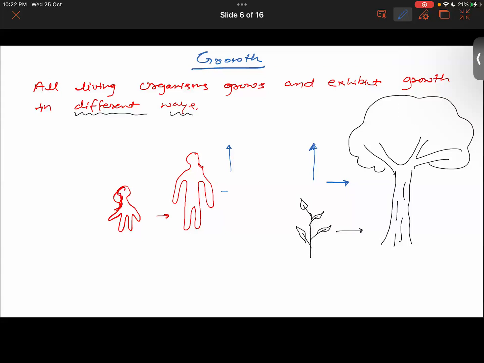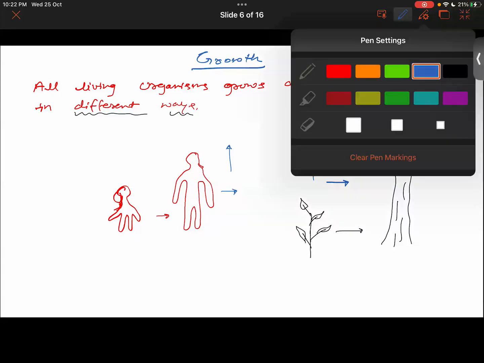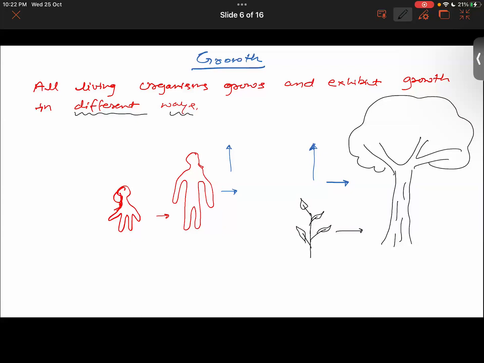Right now, the boy is, let's say, somewhat fat, or more muscles have developed on the body. Getting it now? So look here. After a certain point, this boy will stop growing further.